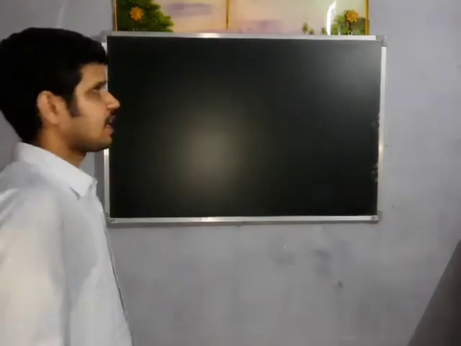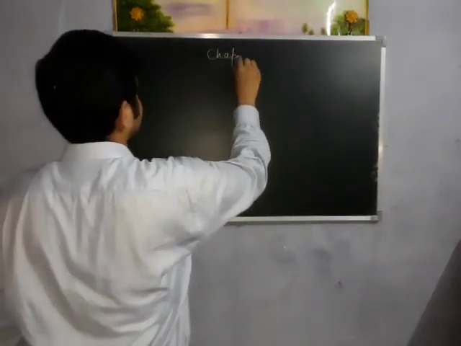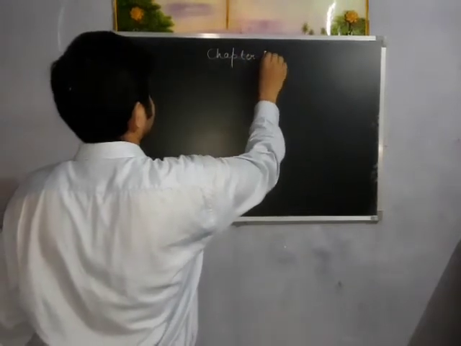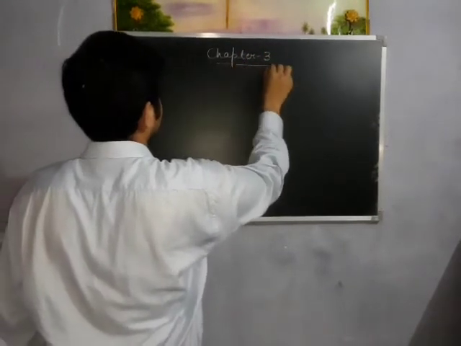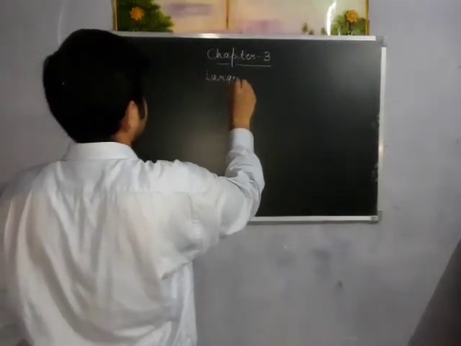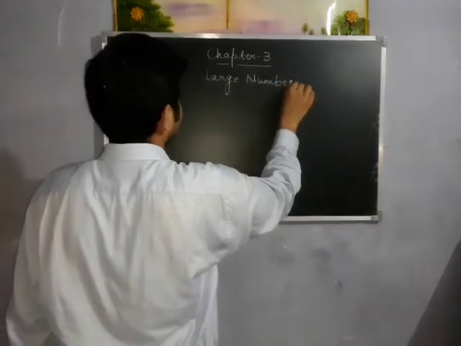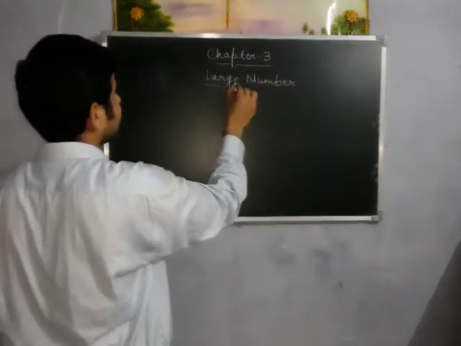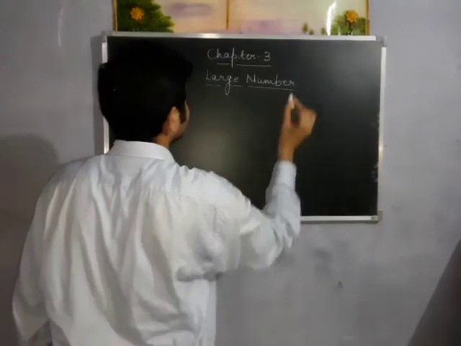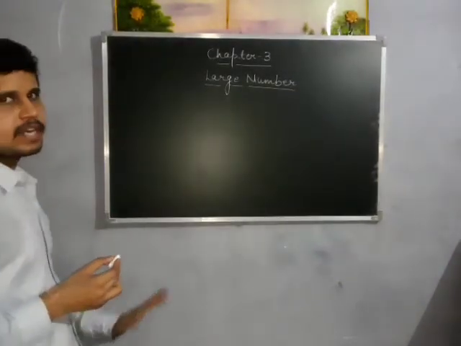So now I am writing the chapter name, chapter 3, large numbers, and we will review the things that we have discussed in the last video first of all, and then I will come back to number names.